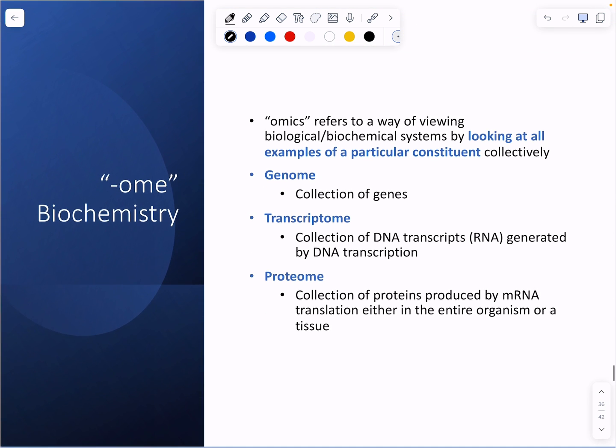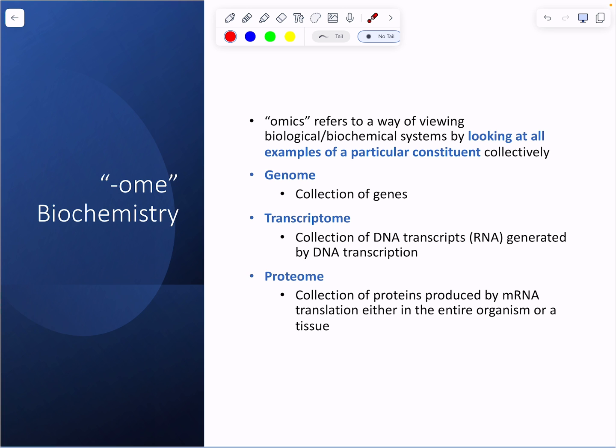A newer feature of biochemistry that was not in existence when I first started studying it reflects our ability to collect a lot of data on cells and to process that with computers.